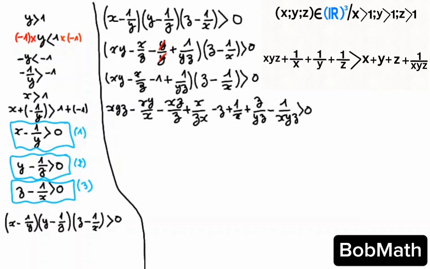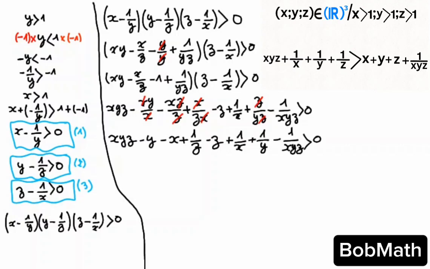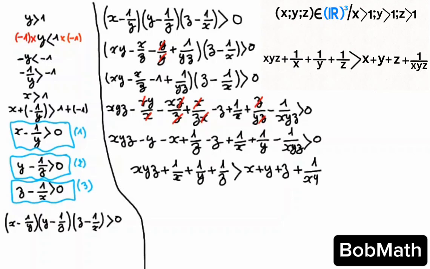Now we simplify the numbers x and z, so we get xyz minus y minus x plus 1 divided by z minus z plus 1 divided by x plus 1 divided by y and minus 1 divided by xyz is greater than 0. Therefore xyz plus 1 divided by x plus 1 divided by y plus 1 divided by z is greater than x plus y plus z plus 1 divided by xyz.